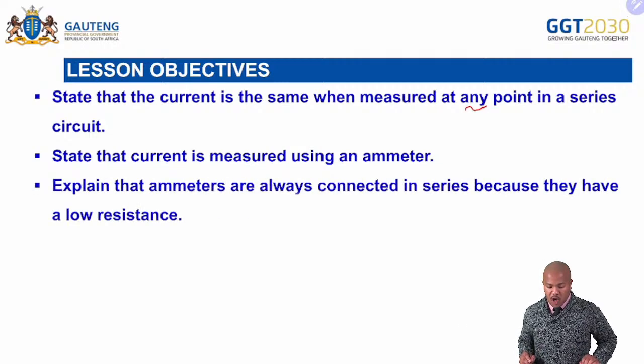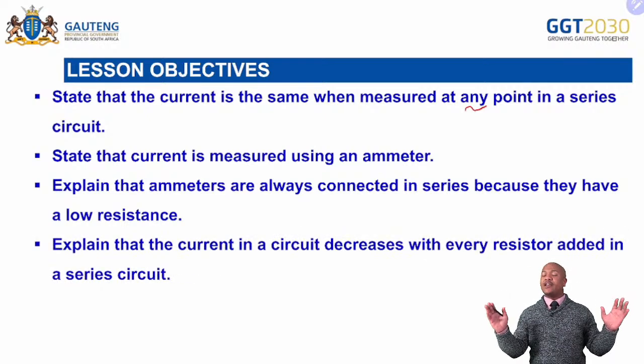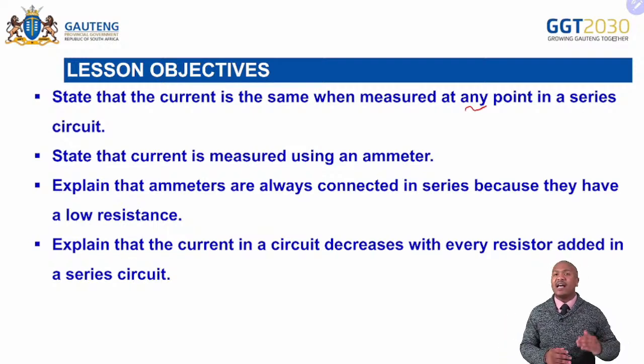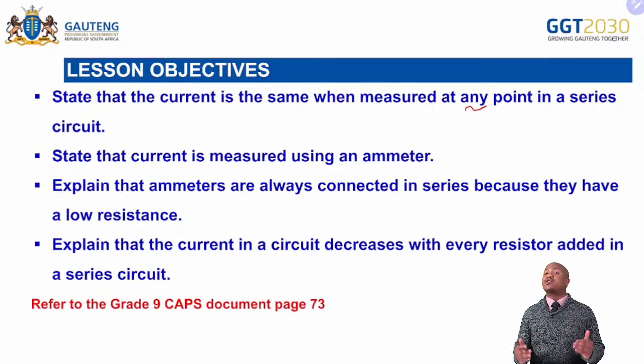And also, you need to be able to explain that ammeters are always connected in series because they have a low resistance. Then lastly, you need to be able to explain that the current in a series circuit, it does what? It decreases with every resistor added in that circuit. And all this information is found under the CAPS document on page 73.